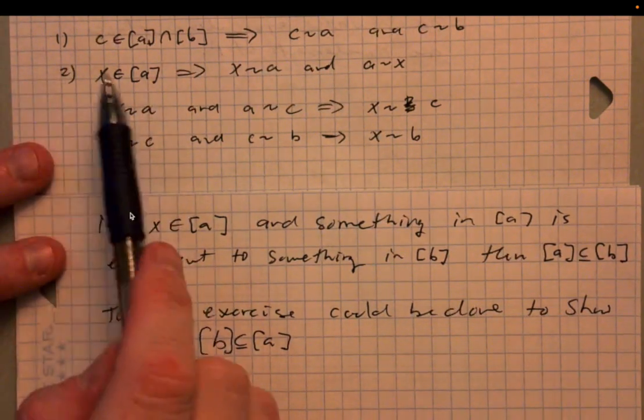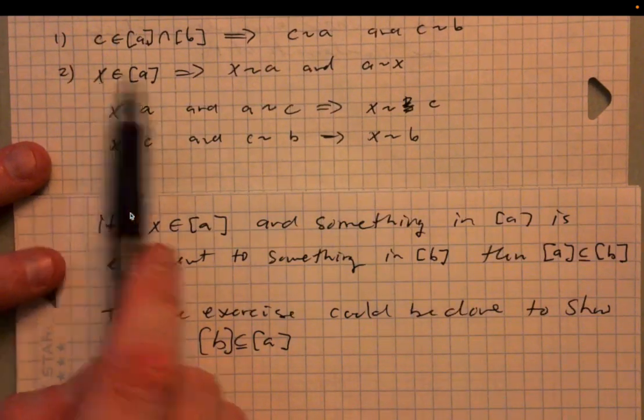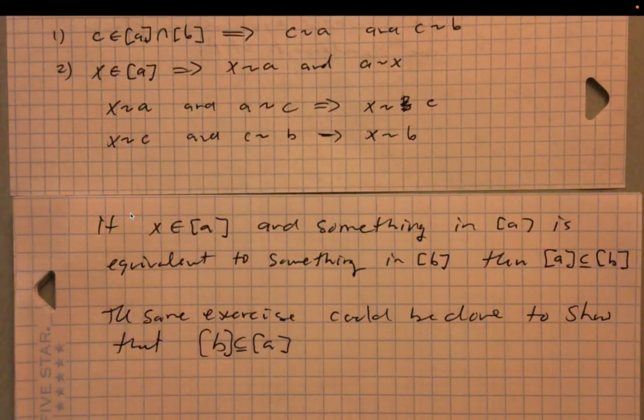Instead of up here where I say X is in A, say X is in B. And you get to the same result. You'd show that by assuming there's an element in the intersection and assuming something is in B, then that B is automatically equivalent to something in A, and hence everything is, right?